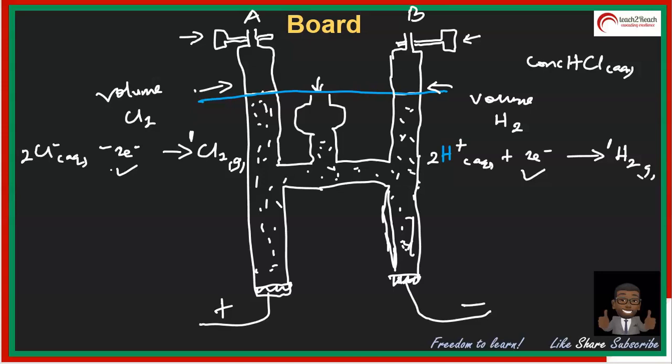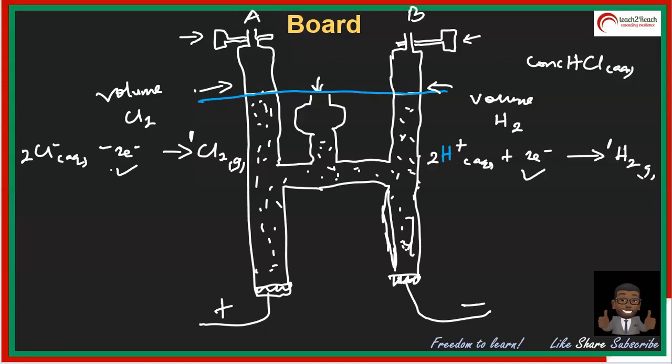Let's look at the electrolysis of dilute sulfuric acid, and we'll use that to explain how the volume of gases formed can help us to identify which one is the anode, which one is the cathode, where oxidation took place and where reduction took place. Do you get that, please?